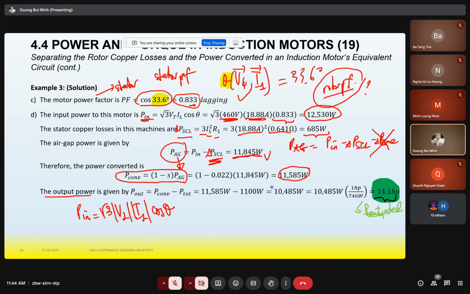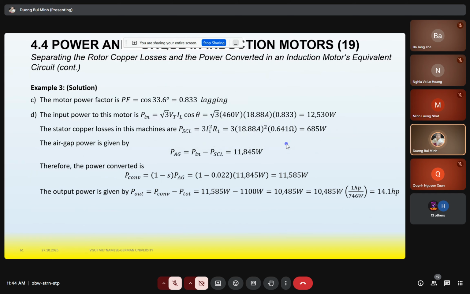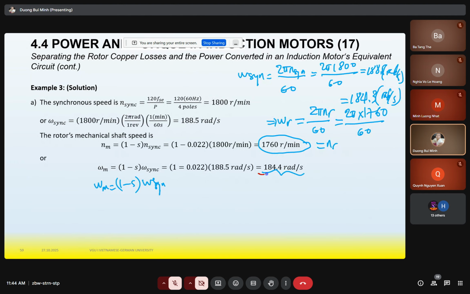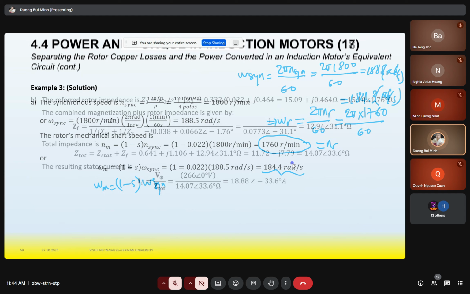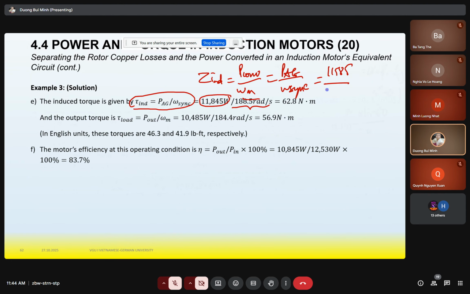Okay, P convert how many? Look, P convert is 11,585 over omega m, the rotor angular speed. Omega m here is 184.4. So you have the same result, I guess.